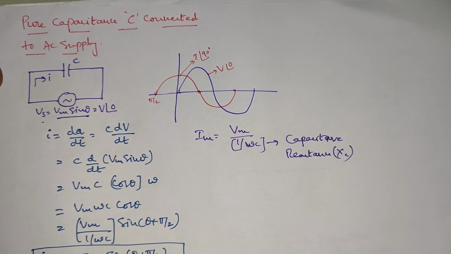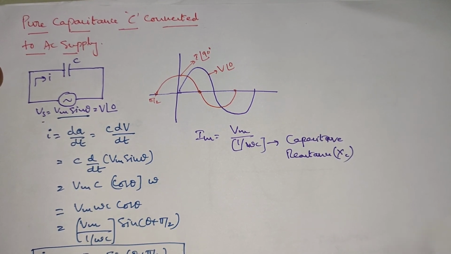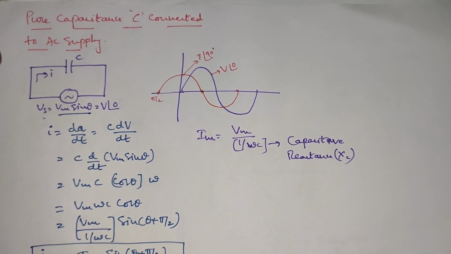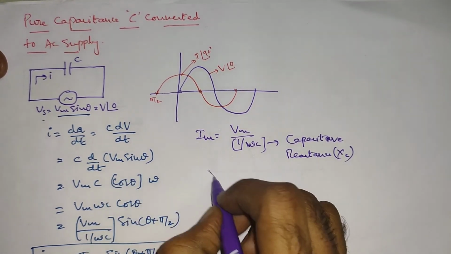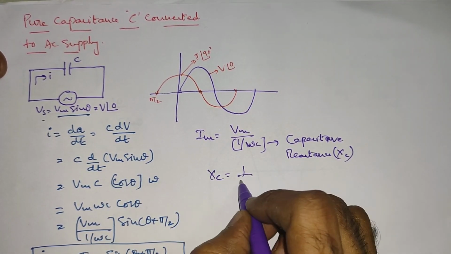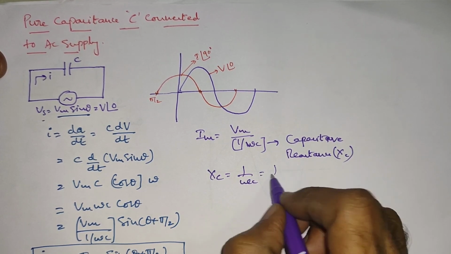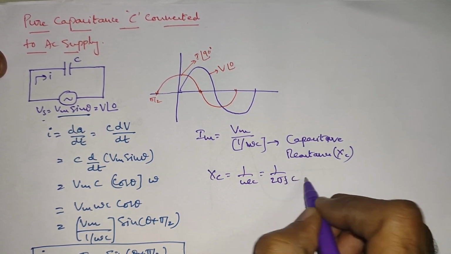It is known as the reactance offered by the capacitor to an AC supply connected in a circuit. So finally the capacitive reactance is equal to 1 by omega C, which is also equal to 1 by 2 pi f C.